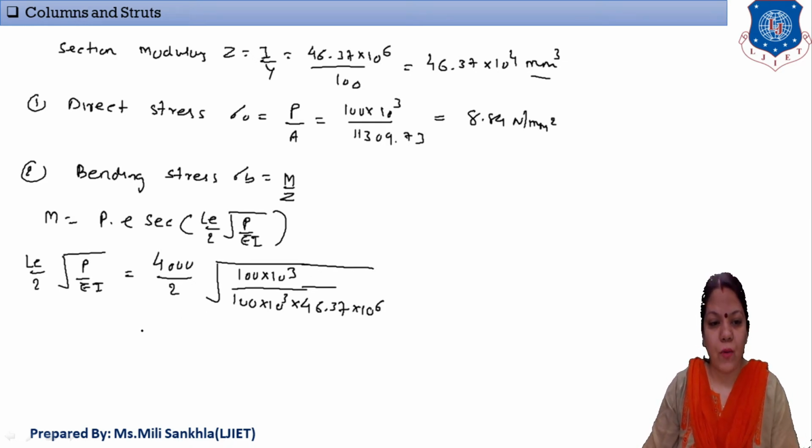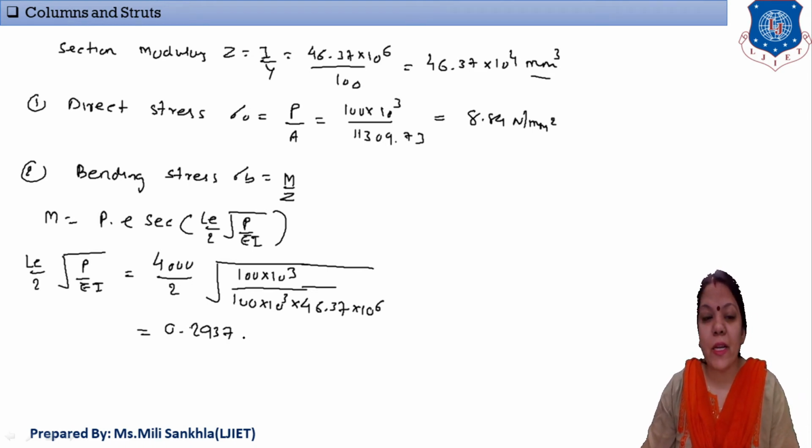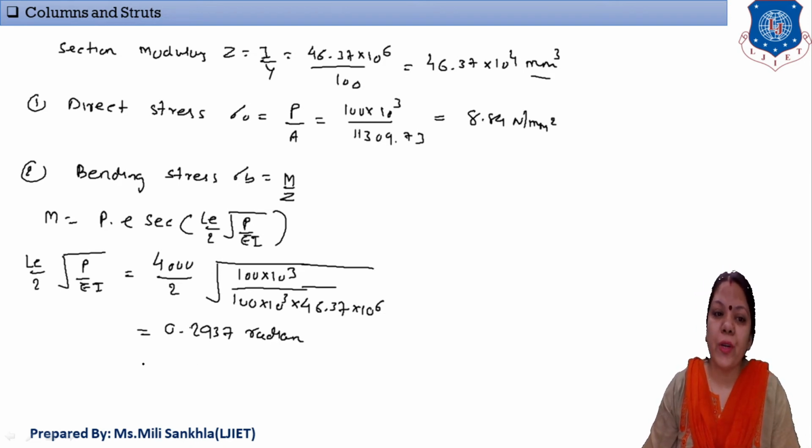Clear? Now after simplification this answer is 0.2937. Okay, and this answer will be in radian.